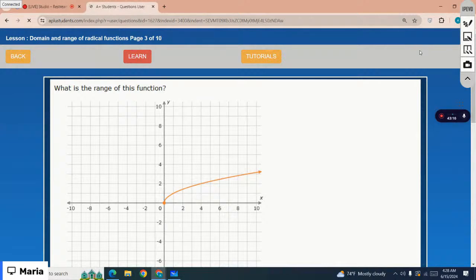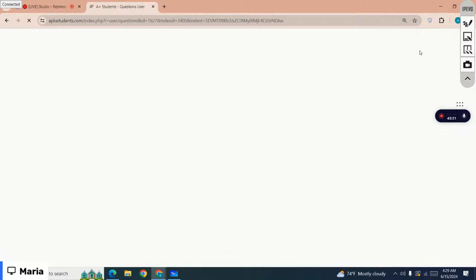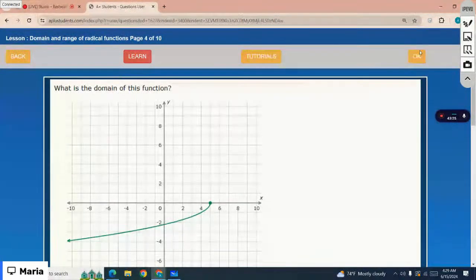What is the function? The graph is starting on the x-axis at 5. All the values are less than 5.